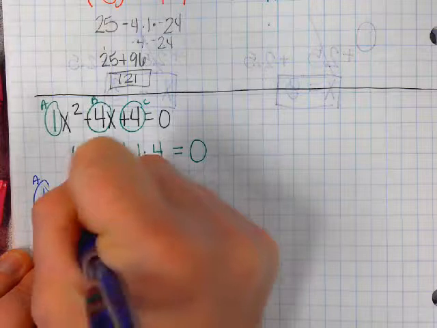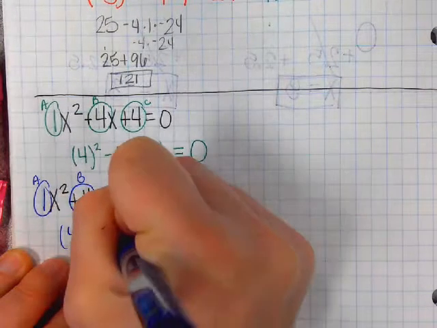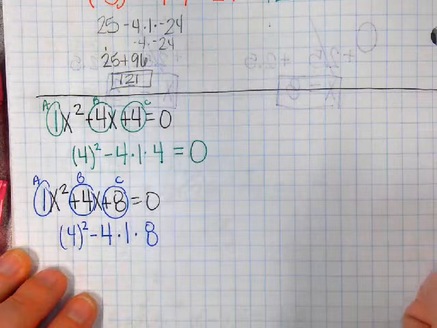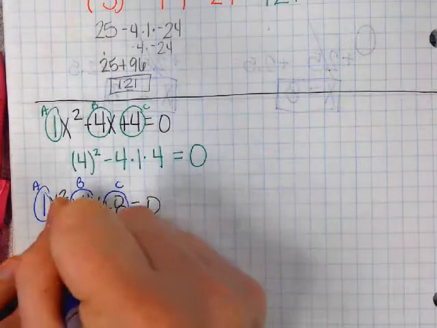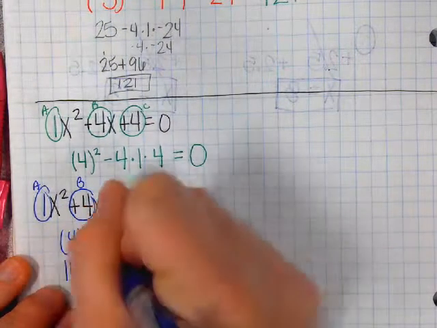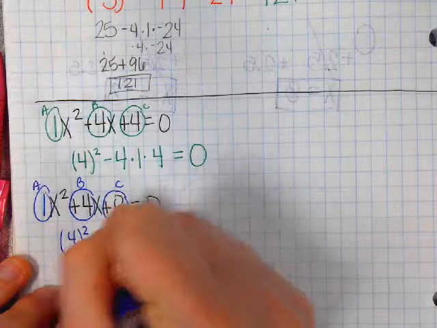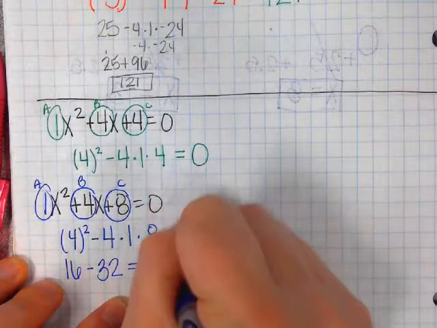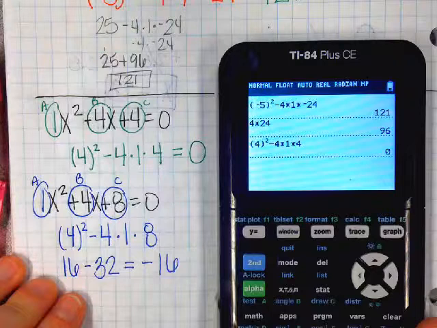So B squared minus 4 times A times C. 4 squared is 16. Minus 4 times 8 is 32. 16 minus 32 is negative 16.